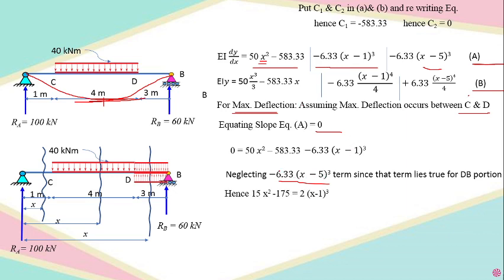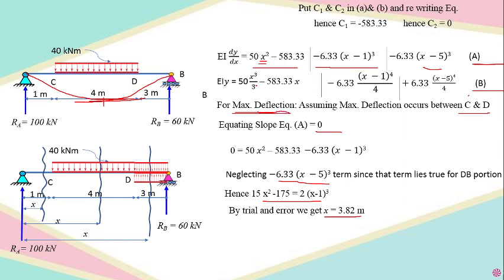After simplifying, you come across a quadratic equation. Solve that quadratic equation. I am getting the value of x as 3.82 meter. Once I get x equal to 3.82 meter, what do we have to do? We have to back substitute in the deflection equation, because maximum deflection is asked for in this particular problem.